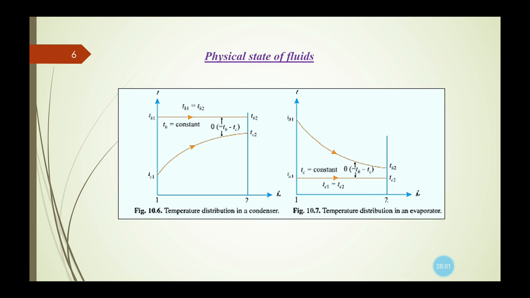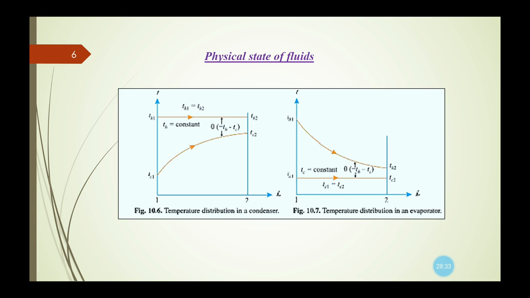So in this diagram, there is the temperature distribution in a condenser which is given in this 10.6. Here we can see that the temperature of the cold fluid is gradually increasing, that is from Tc1 to Tc2, from the inlet to the outlet. Tc1 is the inlet and Tc2 is the outlet of the condenser. So how is the temperature gradually increasing?